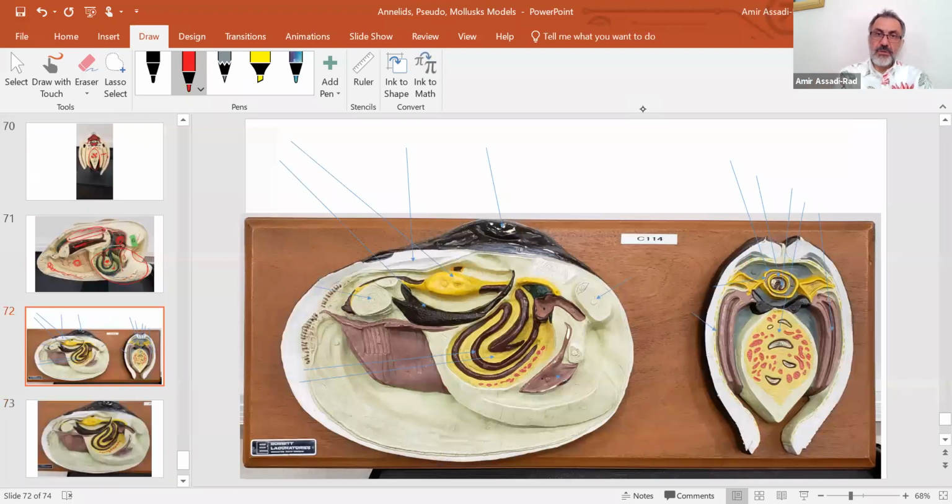Okay, nice model, umbo. These are hinge ligaments or teeth, they call them teeth. And then kidney, heart, a posterior adductor muscle, anterior adductor muscle, palp, intestine, inside of course, foot.